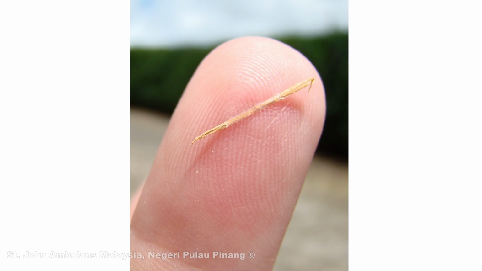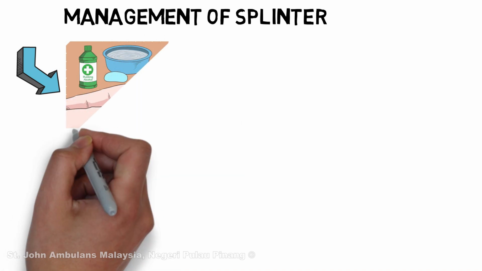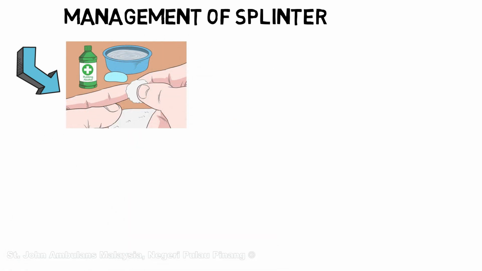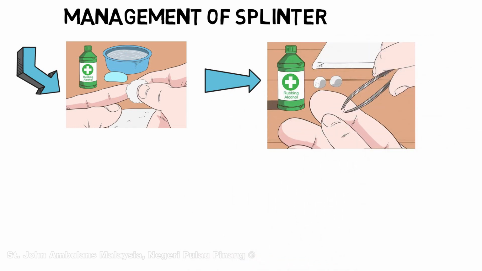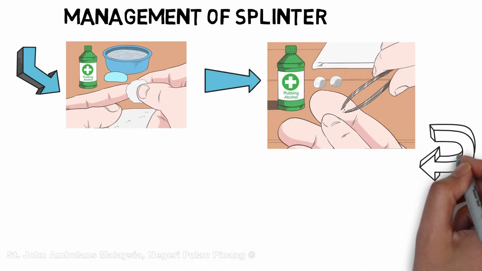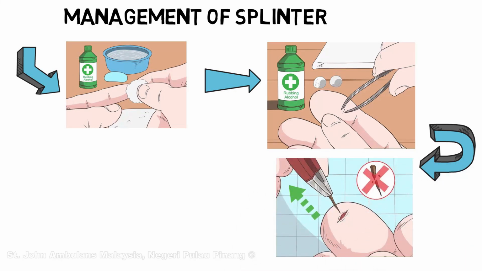So splinter can cause infections to our body because they are from something that is not clean. To remove the splinter, first, gently clean the area around the splinter with soap and warm water. Use a tweezer to hold the splinter and draw out the splinter in a straight line at the same angle that went into the skin.